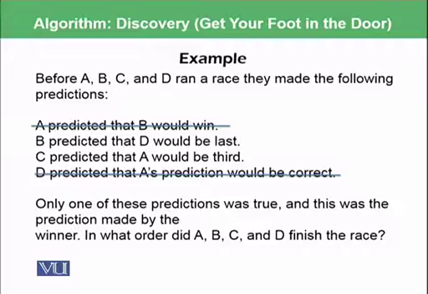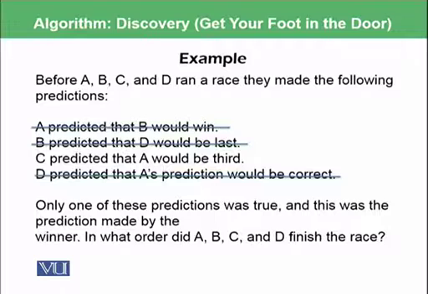This means that B is not the winner, and any winner who makes a prediction would be the right one. So we can further reject the second statement, that B predicted that D would be last.